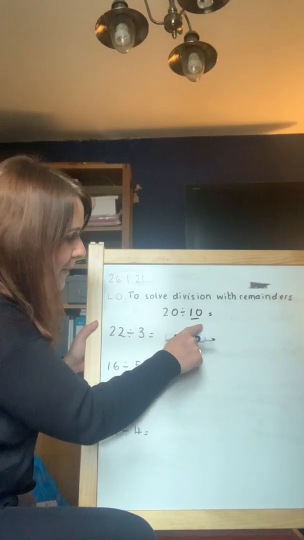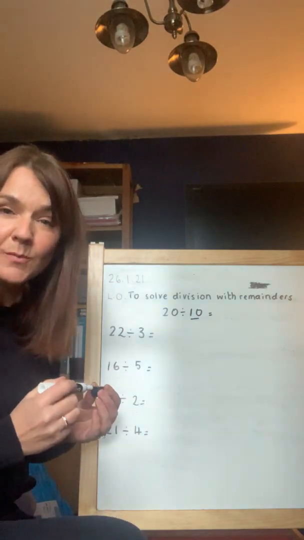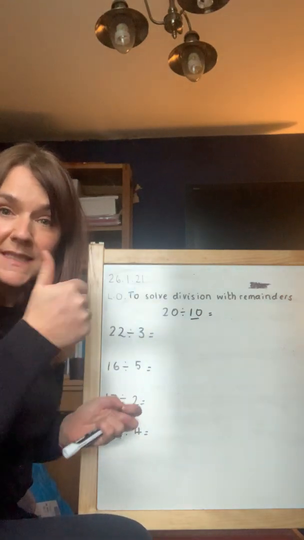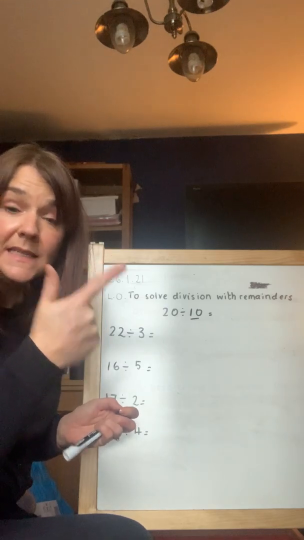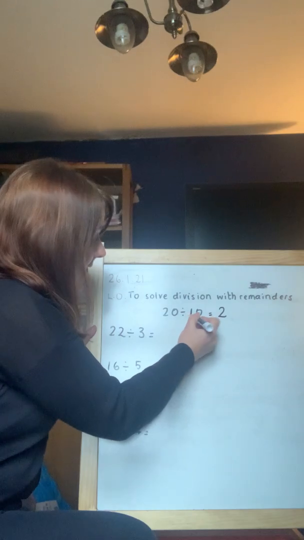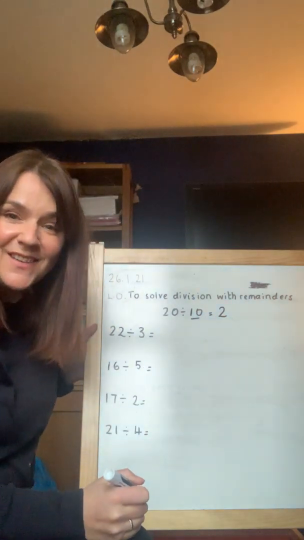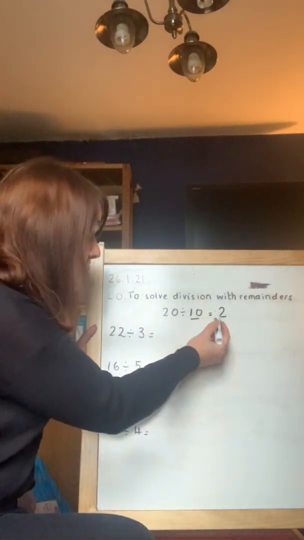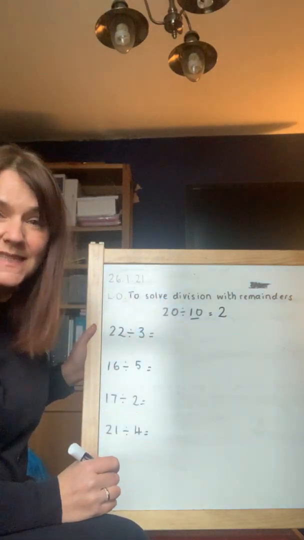I'm seeing how many 10s make 20. So I use my 10 times table. 1 10's a 10, 2 10's a 20. So I know that 20 divided by 10 equals 2, because if I think of my fact families, I know that 2 times 10 would be 20.